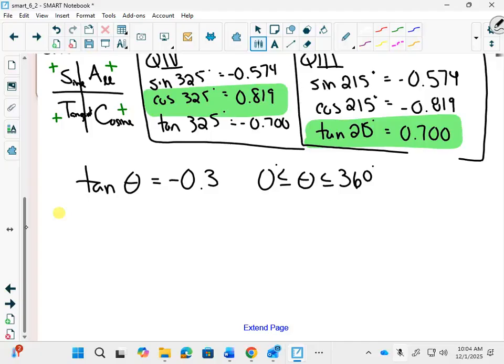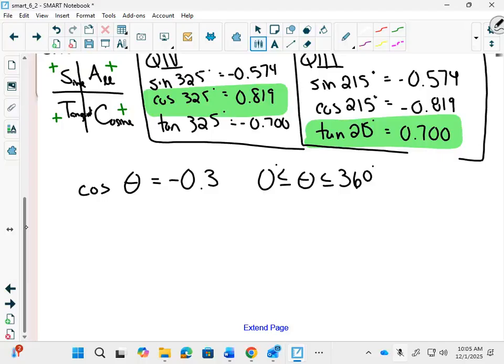Well, one of the things that you're going to take out of this CAST rule is right away, when you see that tan of theta is equal to negative 0.3, I actually feel like I want to use cos, just because it's more interesting for me. Cos of theta is negative 0.3.